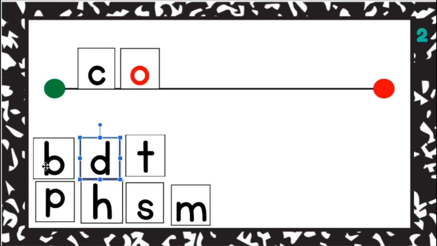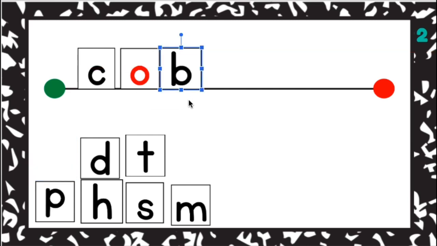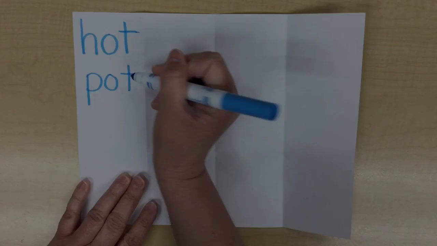Well, the b has the circle or curved part facing to the right. So the line goes first and then the bump goes next. So b looks like this. Cob. K, ah, b, cob. Like I like to eat corn on the cob.